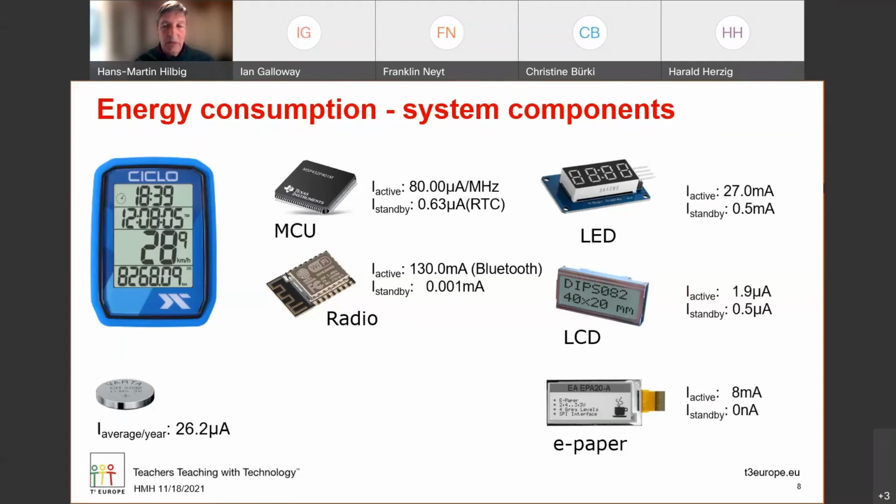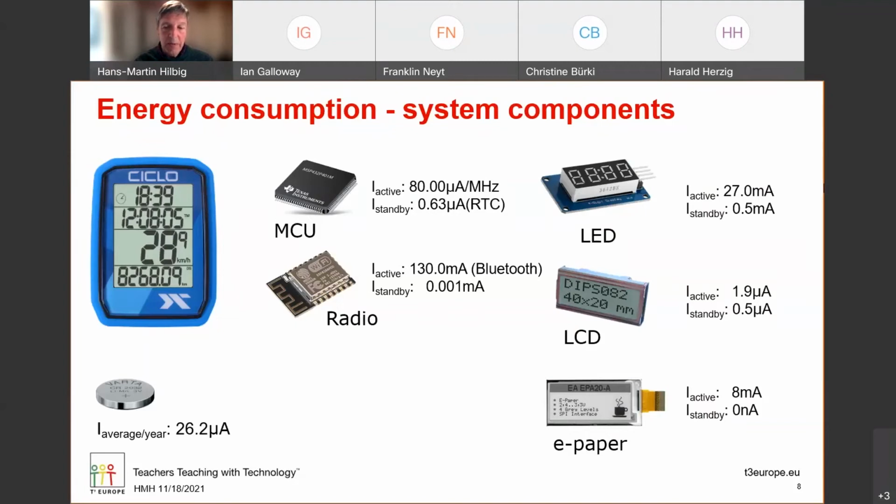Then we look at the LCD screen, and this is more just a proof, because bike computers are using LCD screens. They take about 1.9 microamps active and almost nothing on standby. So this is very nice. I can leave my LCD display on all the time without eating away too much of my average current for the year lifetime of my coin cell.